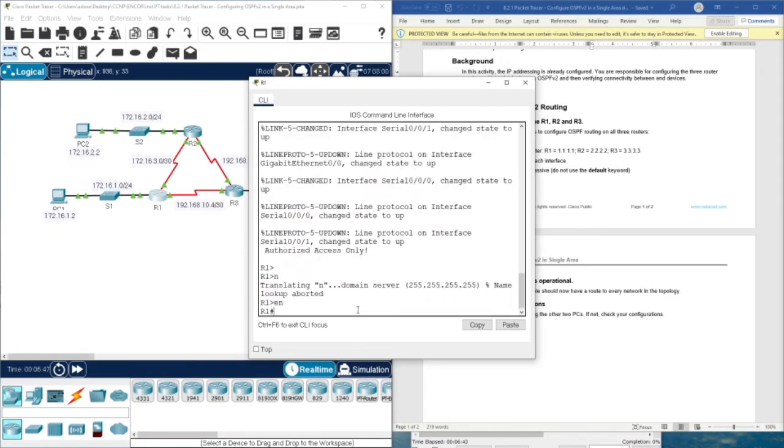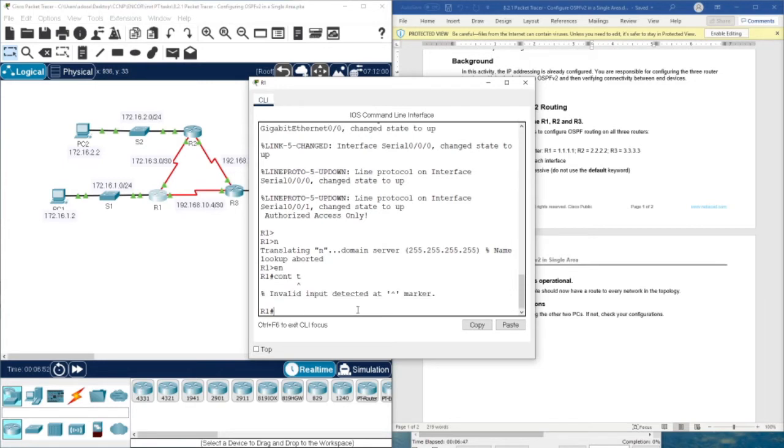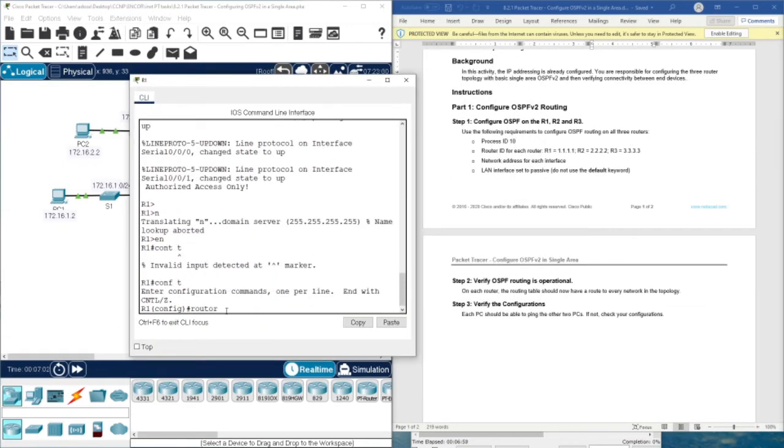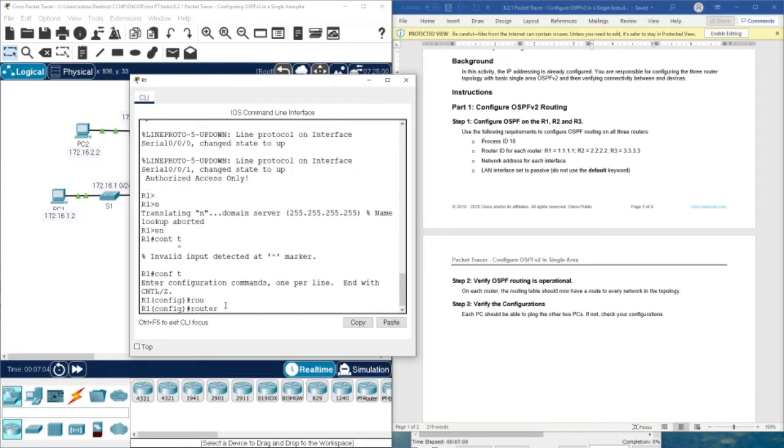Enable, configure terminal. And then we need to assign the OSPF process number. Here we are going to assign OSPF 10 as is given in the tutorial.